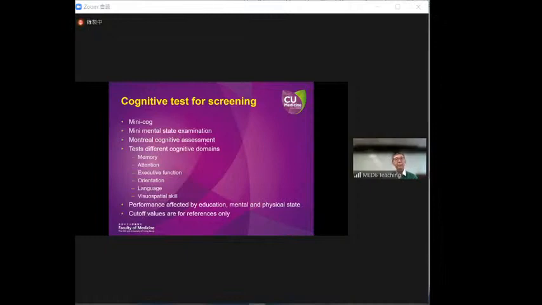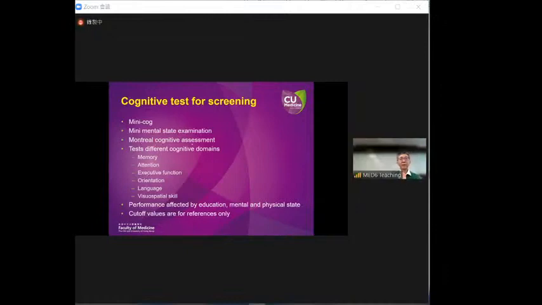So we now move on to the MoCA test, Montreal Cognitive Assessment, and we don't have to pay a license fee for that. These two are the commonly used tests which cover major cognitive domains. Cognitive function has many domains, and memory is only one of them. So it covers a whole range of cognitive domains.